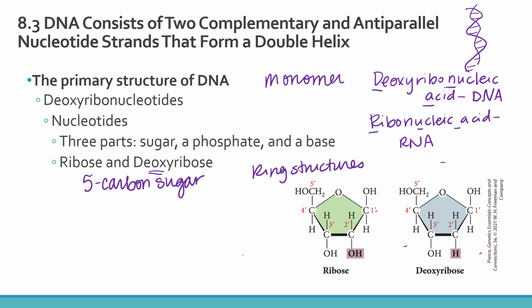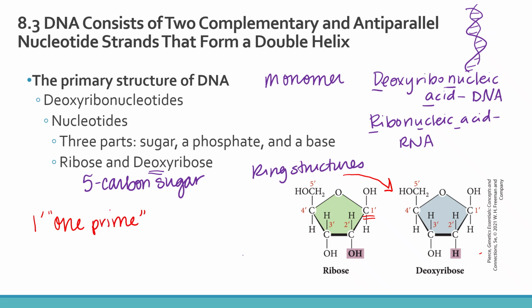So when we look at the structure of our ribose sugar, we are going to start by moving clockwise from the oxygen around the sugar ring. And when we do that, the very first carbon that we encounter is called the 1' carbon.